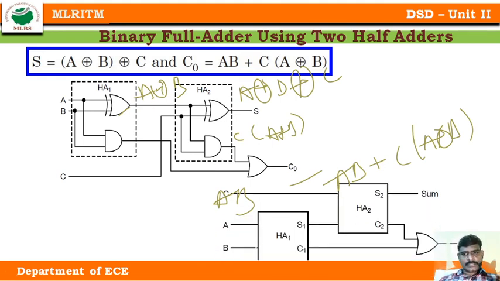What I did is take two half adders, input A and B, and one output sum is coming. I am taking one more half adder with the carry and adding the sum. So this is the procedure.